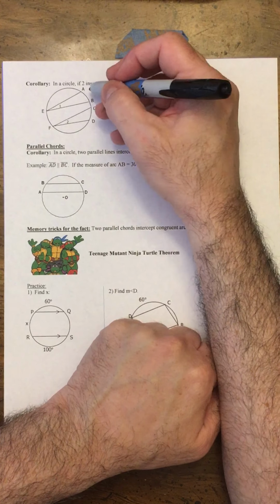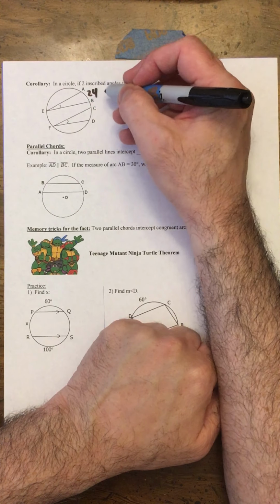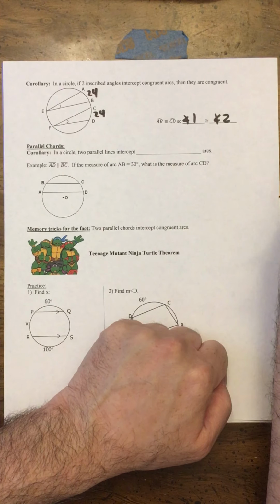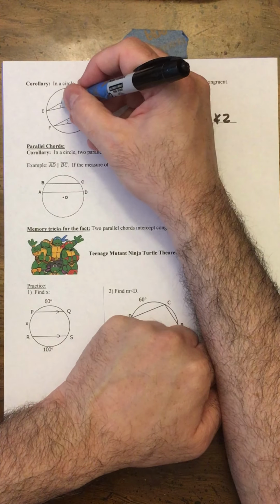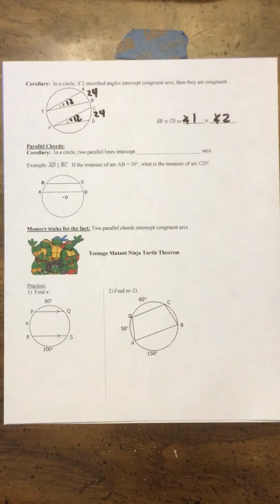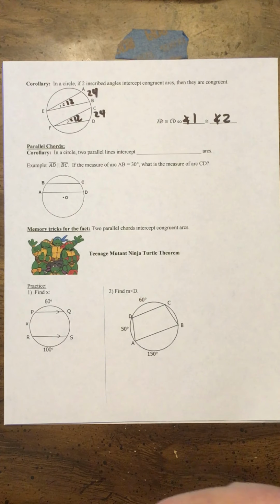Now, let's say arc AB was 24 degrees and arc CD was 24 degrees. Angle 1 and angle 2 would both be equal. I'm not going to say 24. You know they're going to be equal to 12 degrees each because inscribed angles are half.